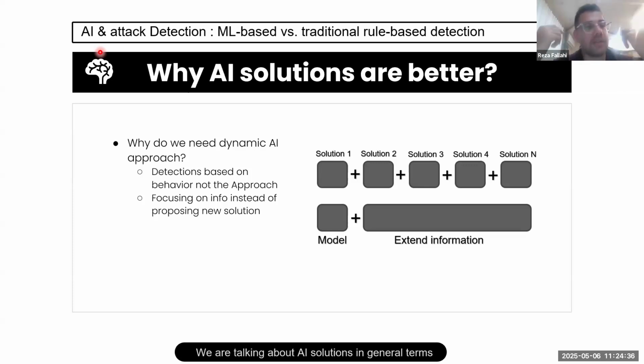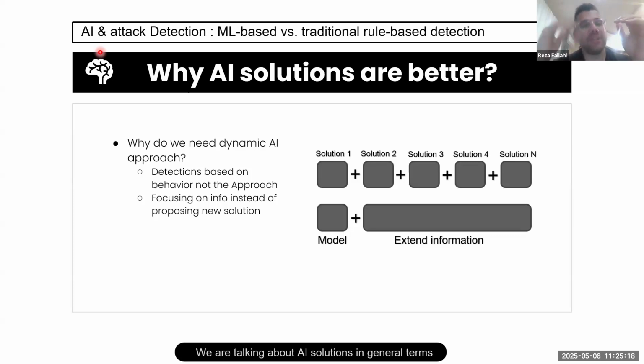So we need solutions that work based on the actual network behavior of the attack. I'm talking about attacks, but we can wrap it up in all kinds of tasks, for example, quality of service management. But specifically in attack detection, we can have an AI solution, for example, a machine learning model trained with basic information, which we call features, feature values, data sets.